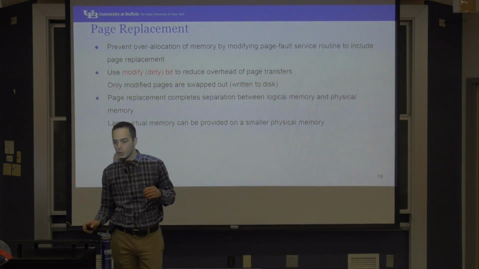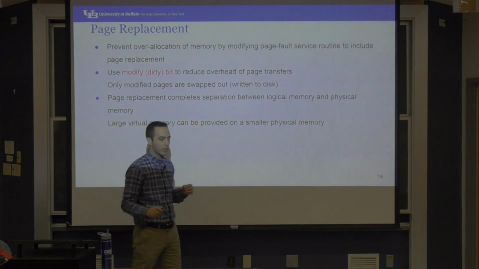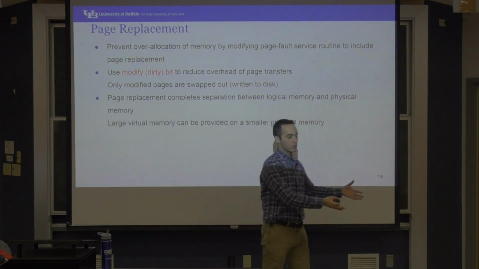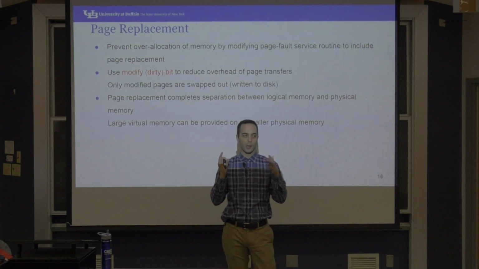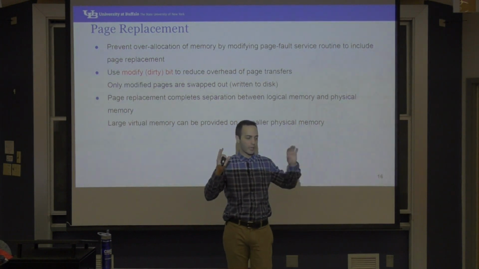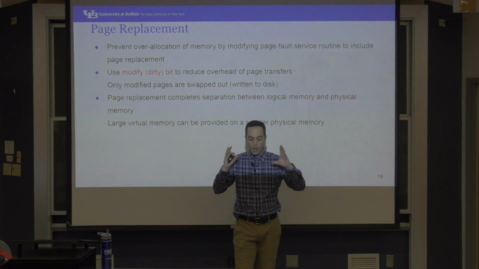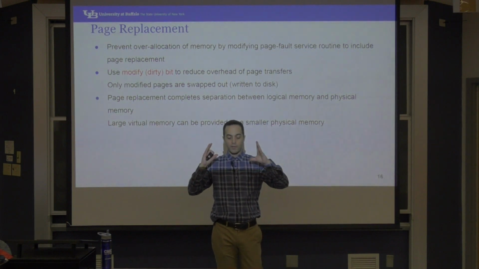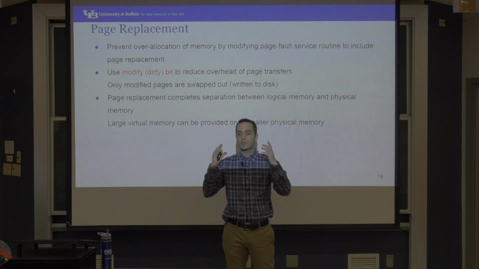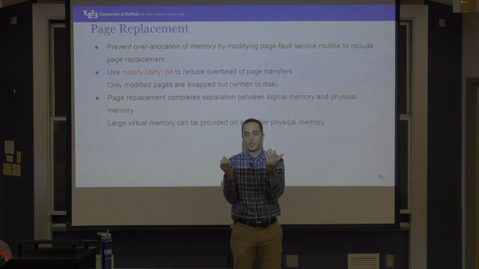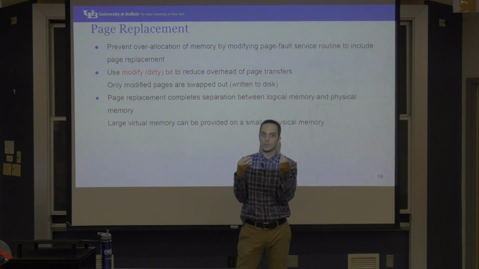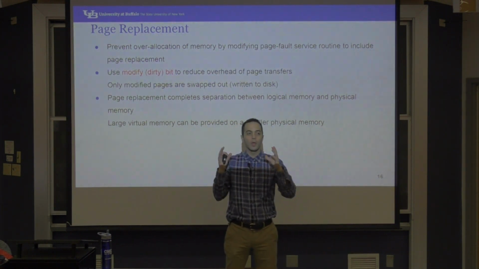But we don't always need to do this, right? If I load a page from the disk to the frame, I make a copy, so this page already exists on the disk storage. Now, if this page is untouched, maybe it was just a piece of code, and usually code doesn't change, right?